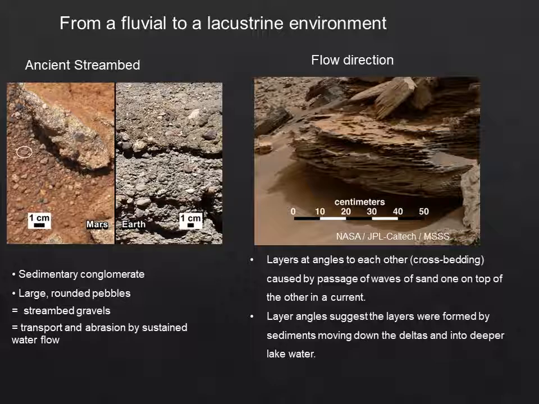And we can tell from the angle of these layers that the direction of the current here was from the southeast. So if we look at different rocks like this on the ground, this suggests that the layers were formed by sediment moving down the delta and deeper into the lake.